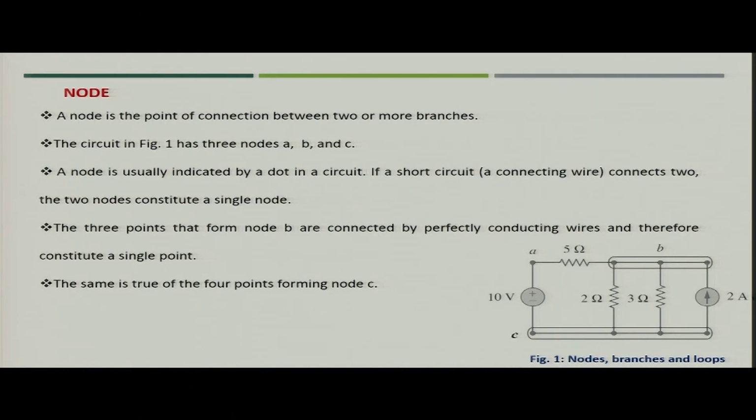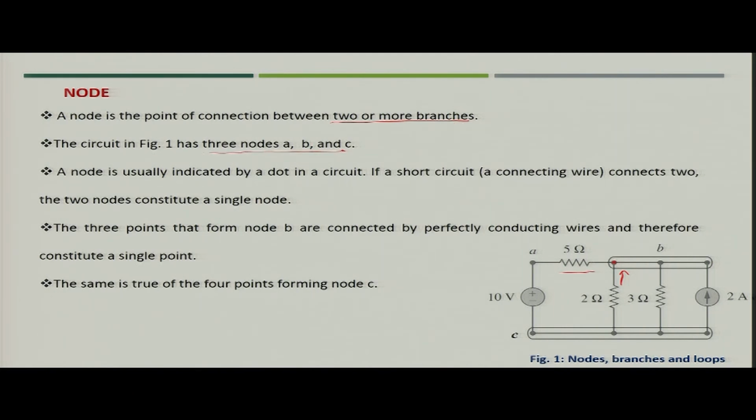Now, let us talk about a node. A node is the point of connection between two or more branches. Now, in this case, this is a node because it is connecting this and this branch. So, a node will be the connection between two or more branches.